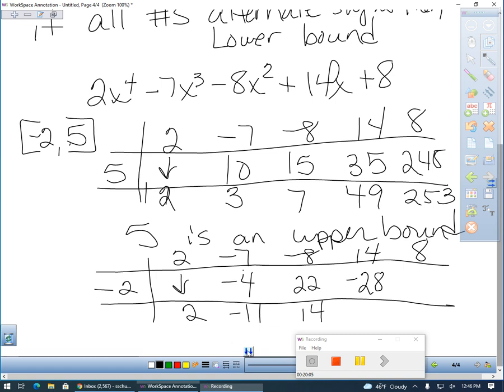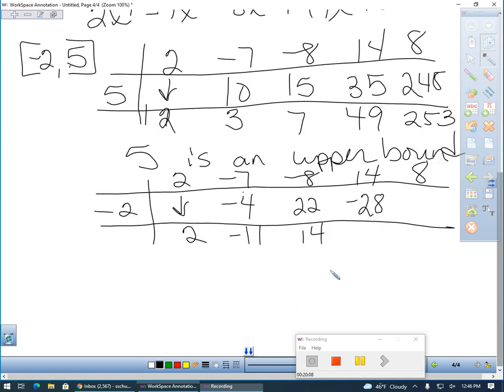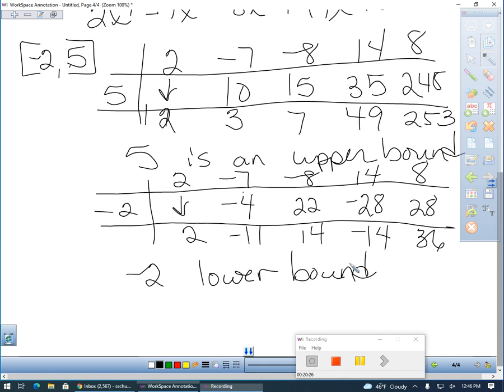Add those together, I get -14. Negative 2 times negative 14 is positive 28. Add those together, I get 36. So what do you notice about the signs in this one? They alternate, which means that negative 2 is a lower bound. Nothing will fall outside of that.